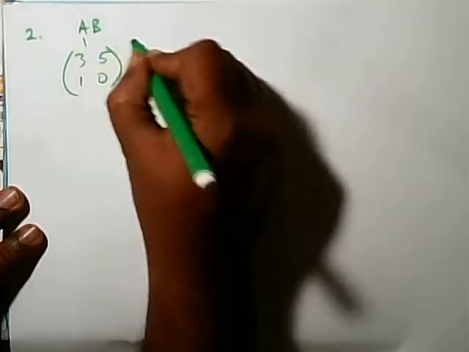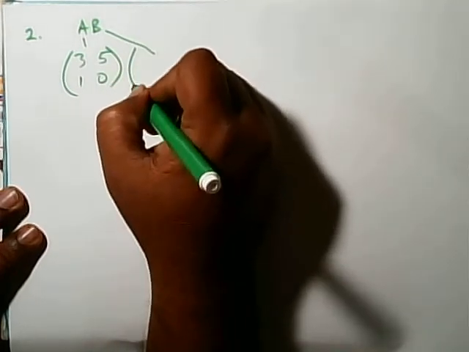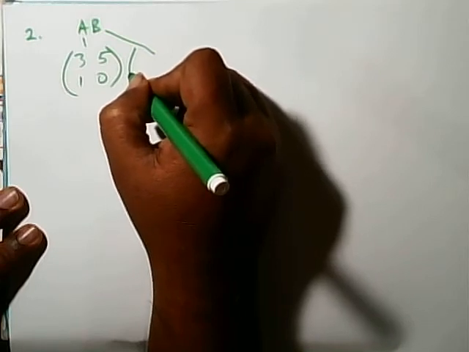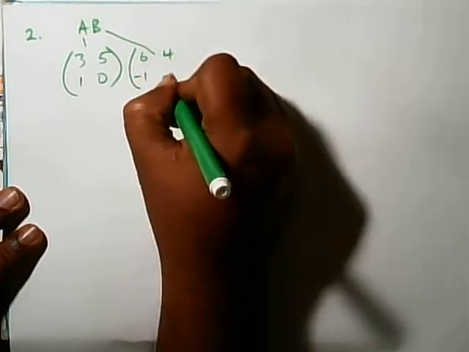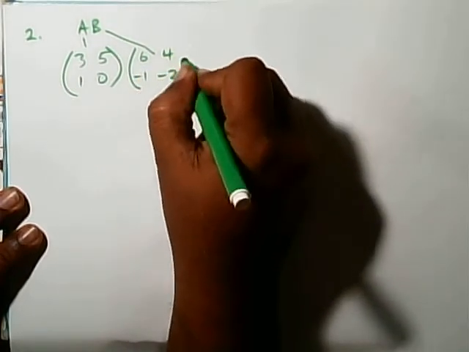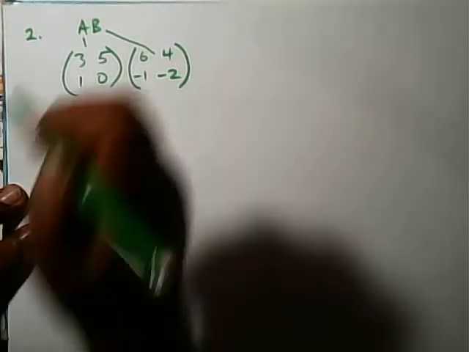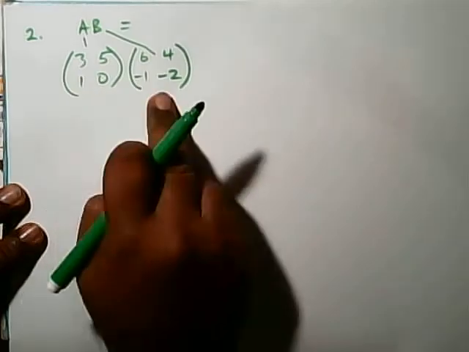That was what A is. And B was the matrix 6, 4, minus 1, minus 2. Okay. So we have to find AB, and AB is equal to that times that.